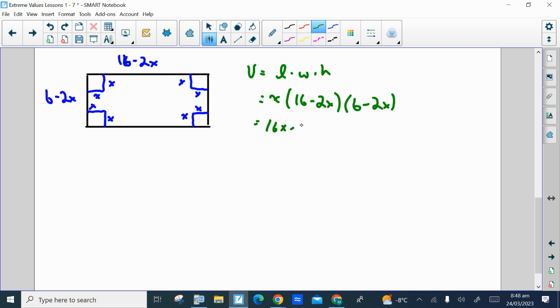So that gives us x times 16 minus 2x times 6 minus 2x. 6 times 16 is 96x. The outer products would be negative 32x squared. The inner products would be negative 12x squared, and the last would be positive 4x cubed.